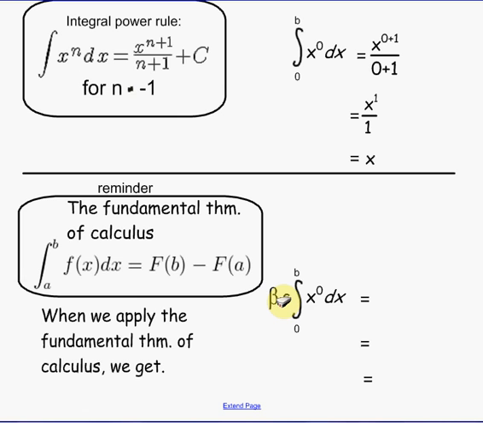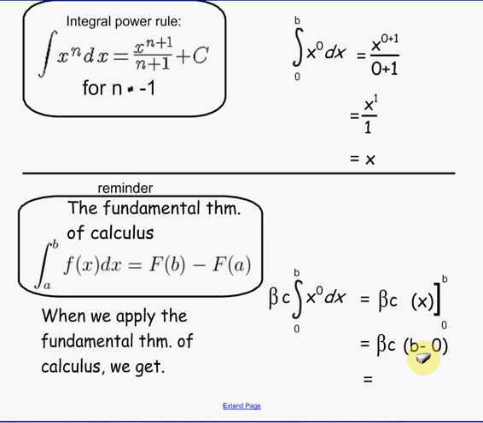So when we apply this theorem, we get our constant of proportionality times our concentration times x over the range from 0 to b. We substitute in our limits of integration for our variable, and we have our constant of proportionality times our concentration times b minus 0.